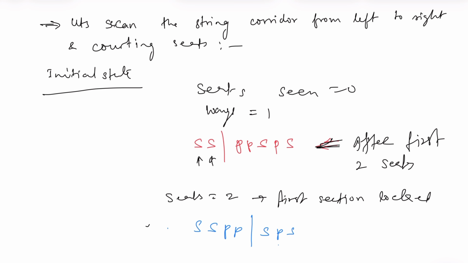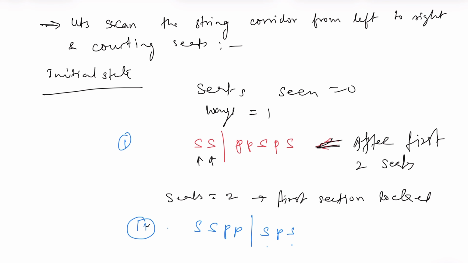If you see here, 2 seats are there and there is a plant. So the total plant pairs is how many? Plant pair is 2. Previously it was 1, now it becomes 2.